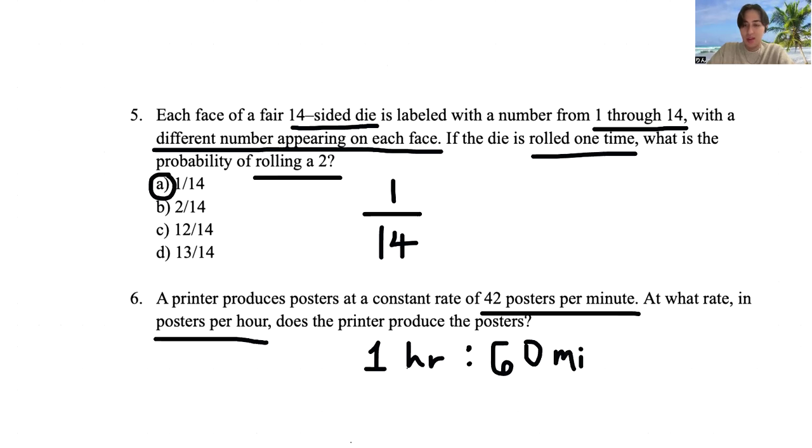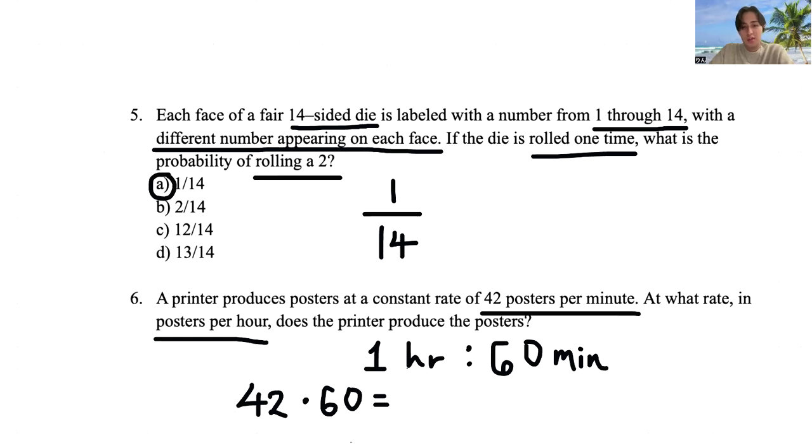If you produce 42 posters per minute, and there are 60 minutes per hour, the number of posters you will create in 1 hour is just 42 times 60.